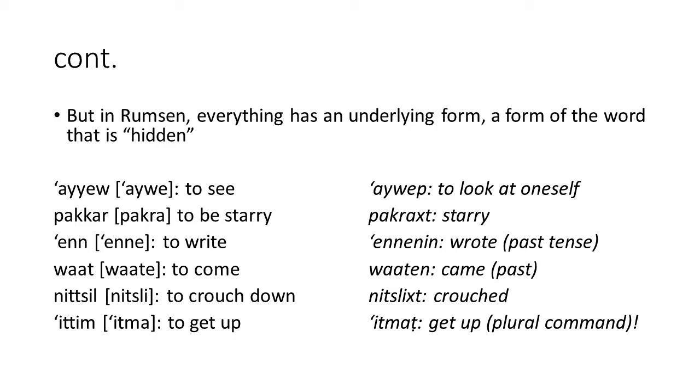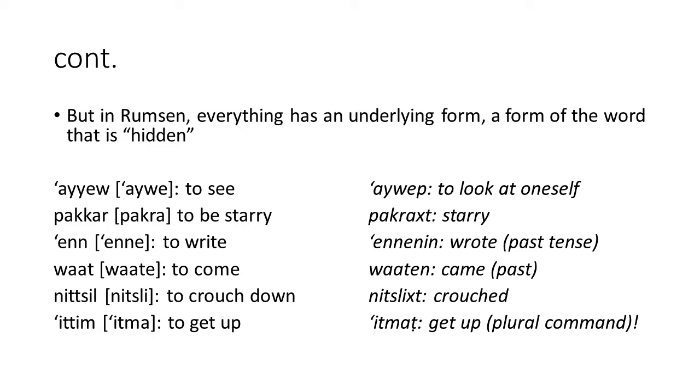So if we look at, for example, ayyew, to look at oneself, ayyew exists in this form of the word. As we can see here, pakkar, the underlying form is pakra. So starry is pakracht, like a starry night. Enne is the underlying form, so ennenin, which means wrote.